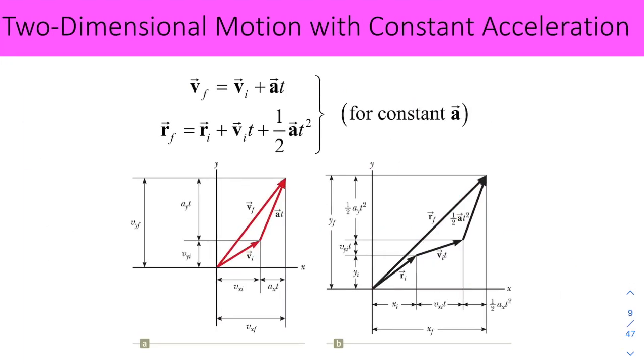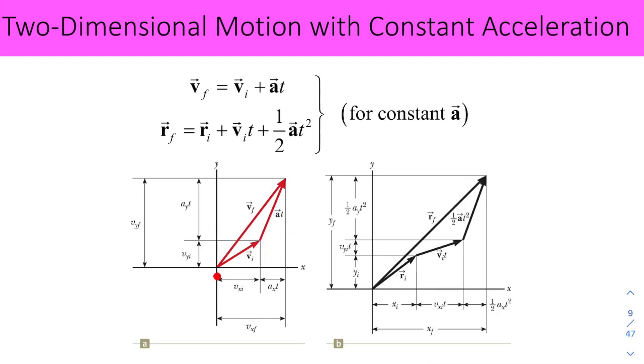Alright, so what we have in our hand just now is this equation and this equation, where we have a constant a. Bear in mind, it's constant or uniform or average a only, not instantaneous. So in terms of drawing, what are we doing here? It can be manifested in this drawing.